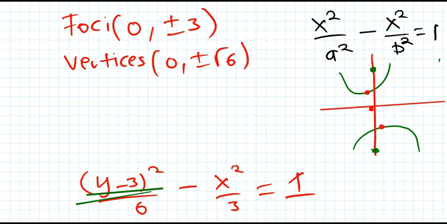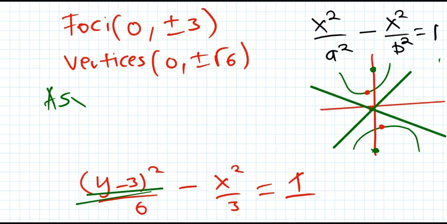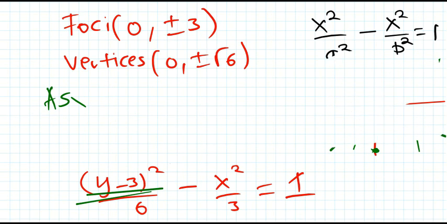Now of course, there is an equation for finding the asymptotes. We said when you're talking about the hyperbola, it has got two asymptotes that don't cut it at any point. So what was the equation for finding the asymptotes?